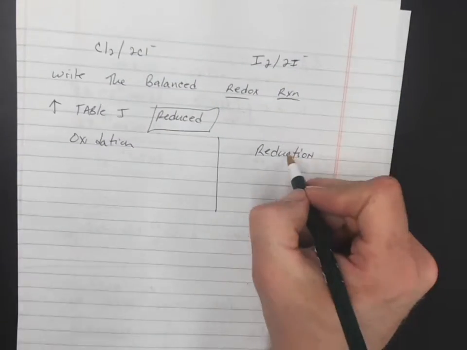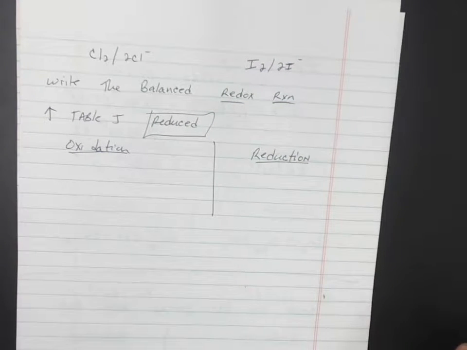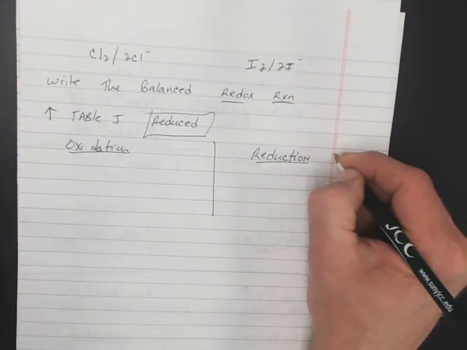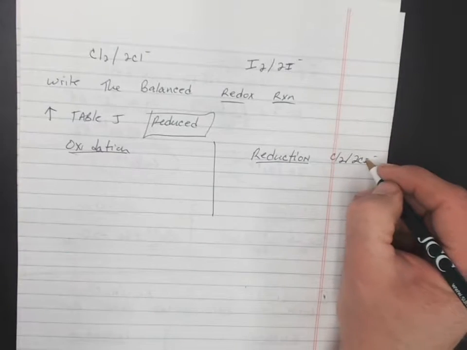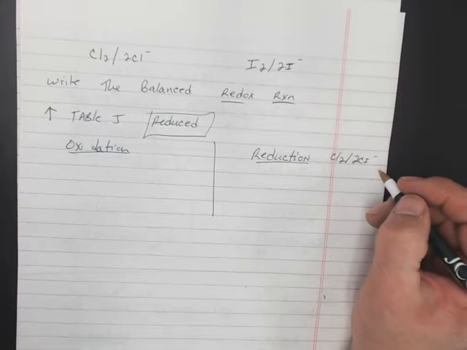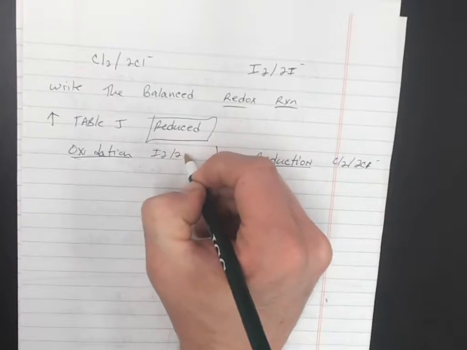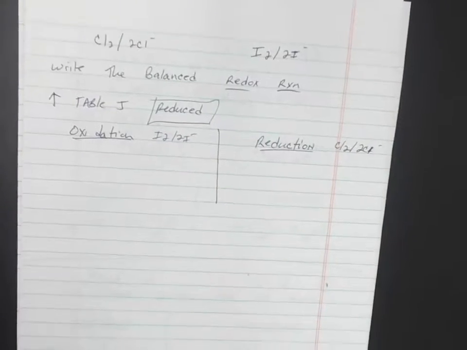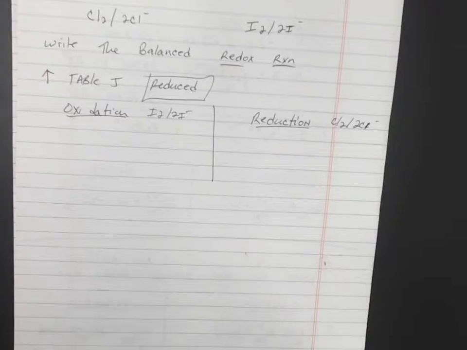So which one is higher up? Definitely the chlorine. Chlorine is higher on table J. So we know the chlorine and chloride ion are going to go over here on this side. We know that our oxidation, our I2, and our 2I negative are over here. Now, Kaylee, I know where you're in your mind, at least I'm pretending to know, where you're saying, I have a troubling spot.